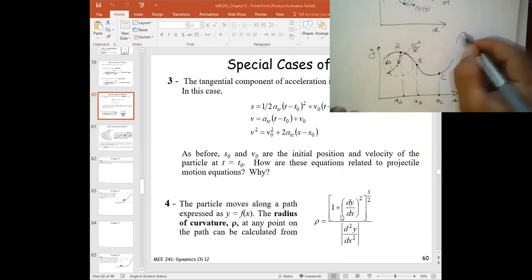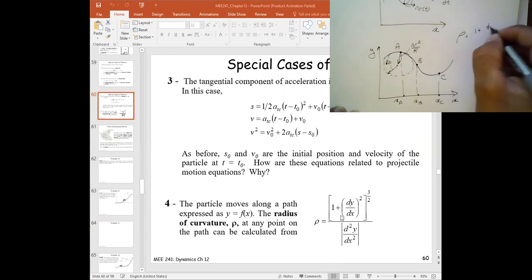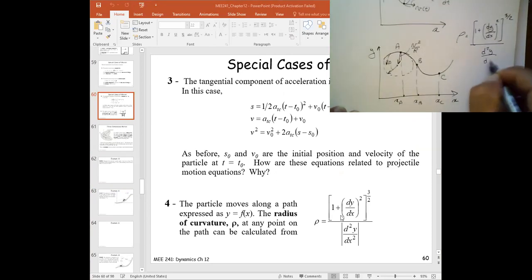So the radius is going to be given by this equation: 1 plus dy over dx, and this guy squared, to the power 3 over 2, divided by d2y dx squared.